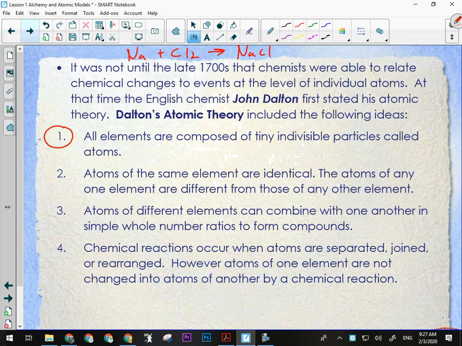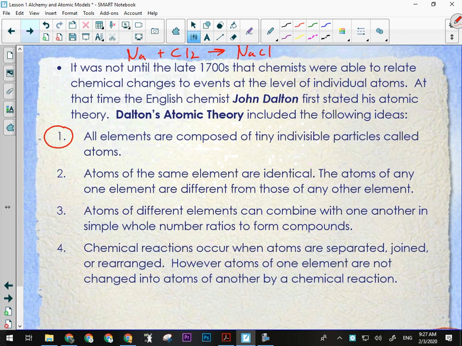Now, indivisible means what can't you do to them? Divide them. Now, we know that we can divide atoms. But can I just do that on my own? Not really. So he's still essentially right. If I divide an atom, it ceases to be an atom of what I have. It becomes something else.